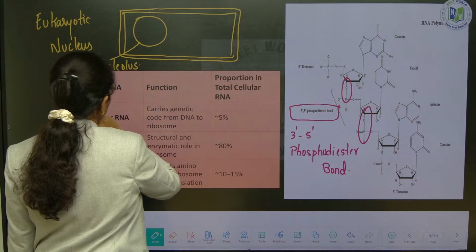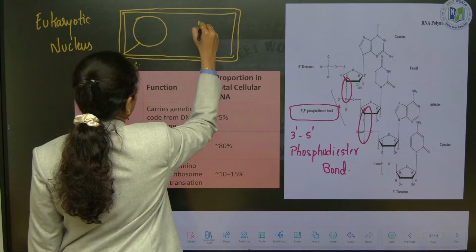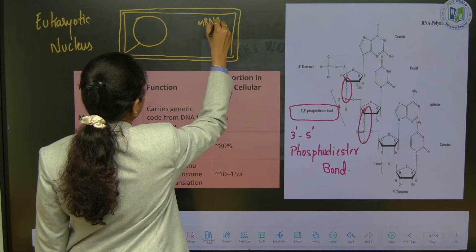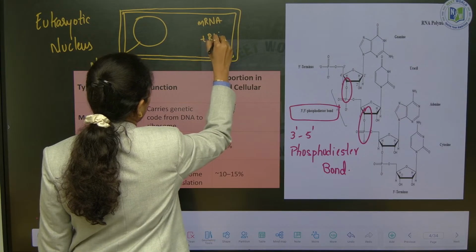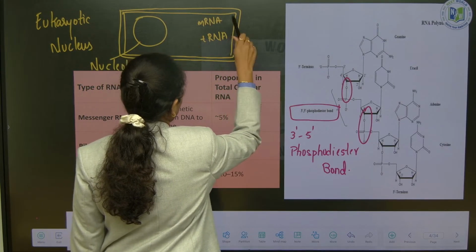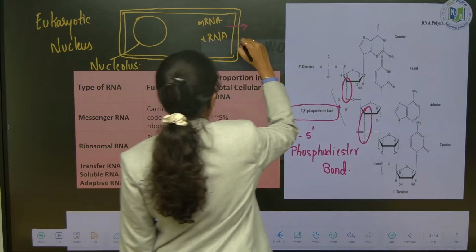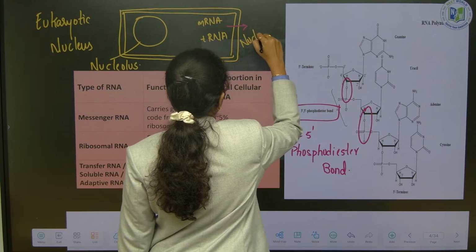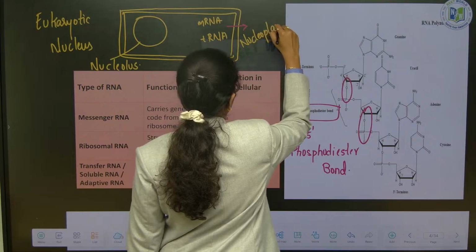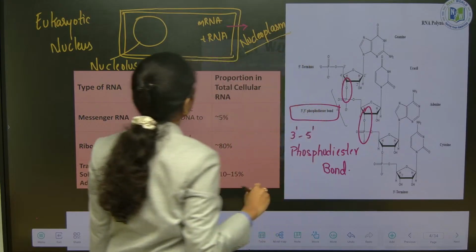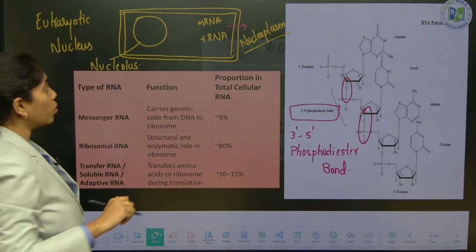Fine, right? So, here messenger RNA and tRNA are synthesized inside the nucleoplasm.